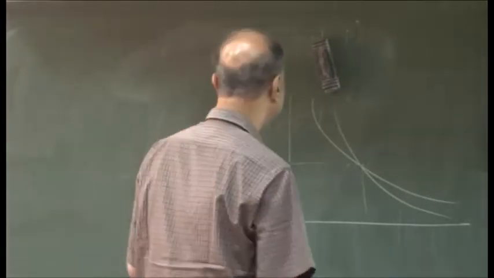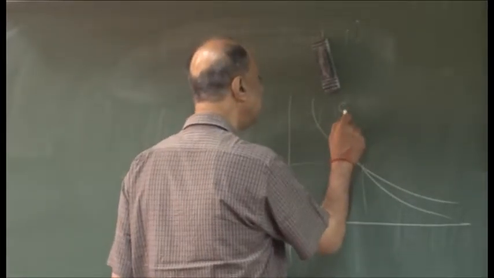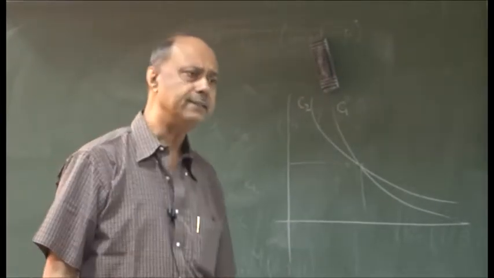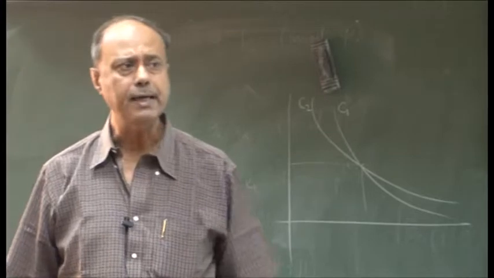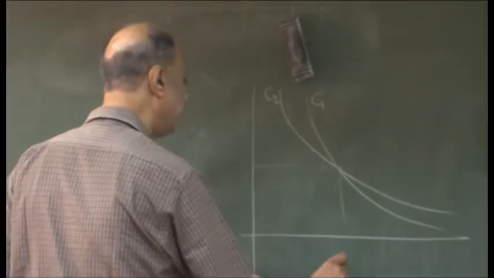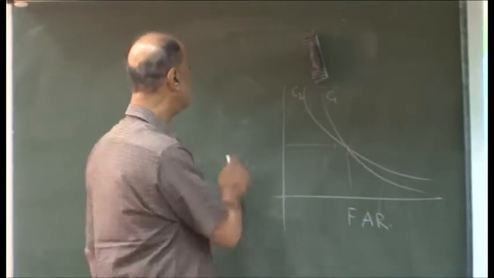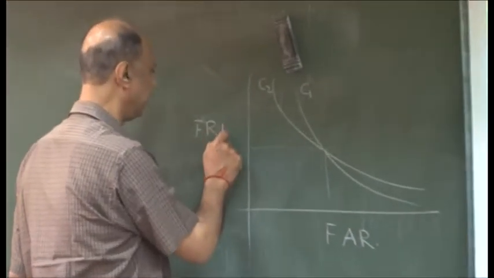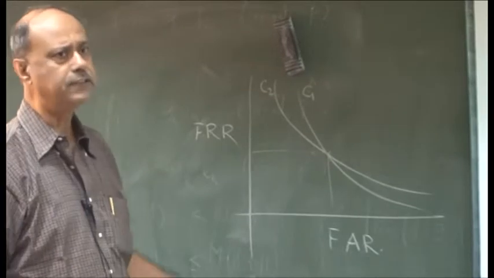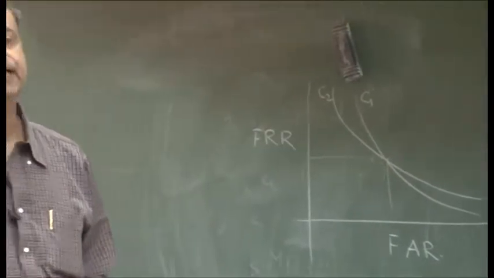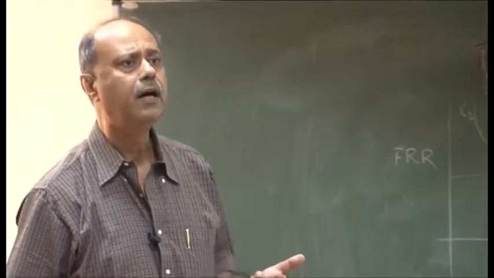Now suppose this is curve 1 and this is curve 2, and I decide that my FMR, that is false acceptance rate, has a higher priority than false rejection rate, because for some applications false acceptance rate has the higher priority.